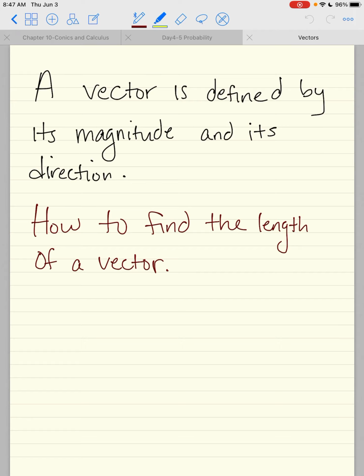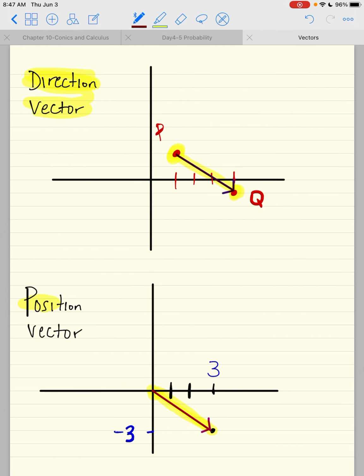So let's figure out how to find the magnitude, which is also referred to as the length of a vector. It's actually really simple. If you wanted to find this length right here, all you have to do is use a squared plus b squared equals c squared. The length from here to here is 3 units, and the length from here to here is 3 units.